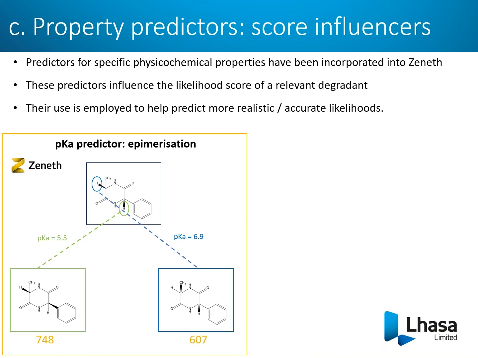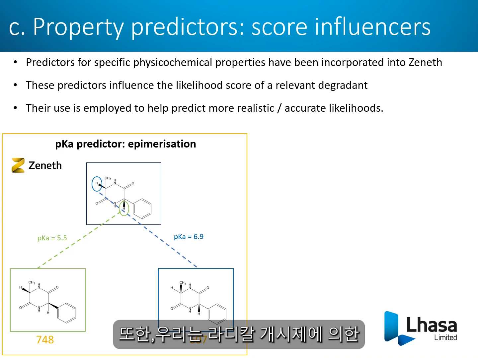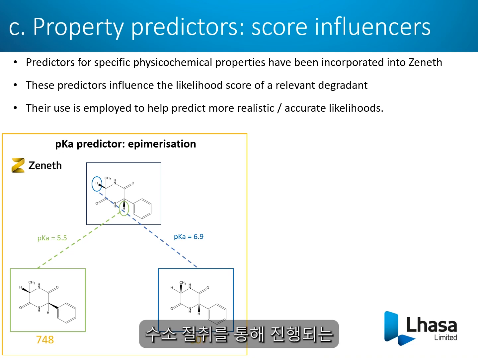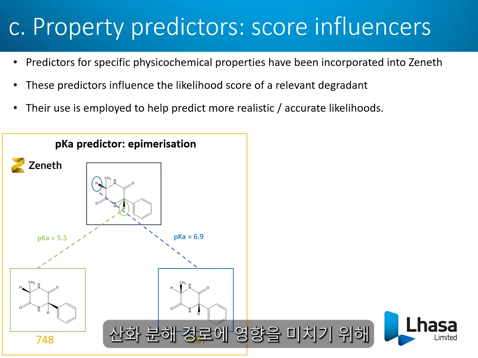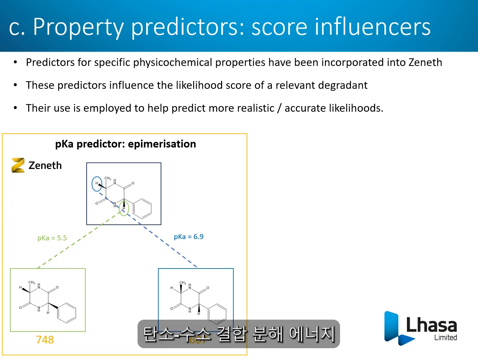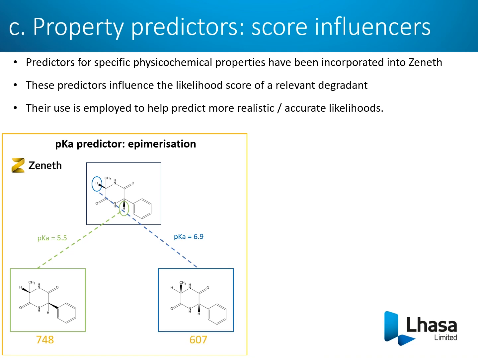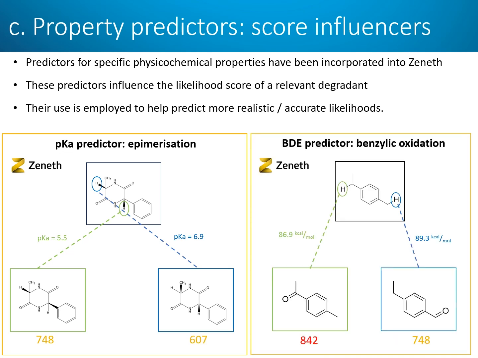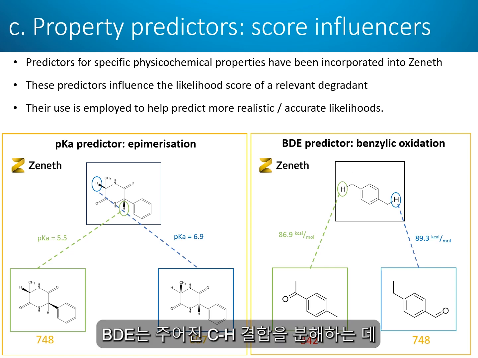In addition, we are also utilizing a carbon-hydrogen bond dissociation energy predictor to influence oxidative degradation pathways that proceed via hydrogen abstraction by a radical initiator. The BDE tells us the amount of energy required to break a given CH bond.